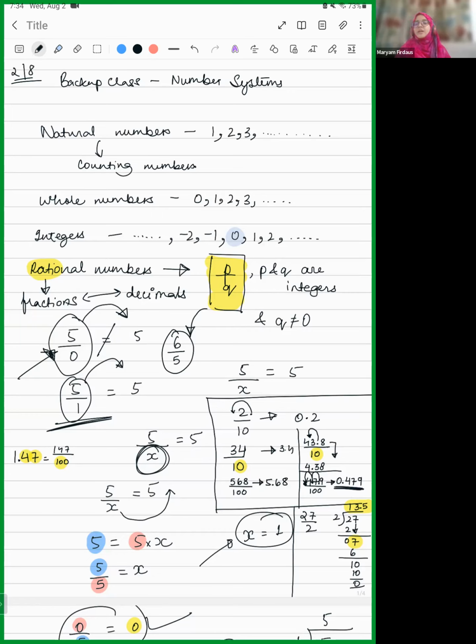They are not in form of p by q. See, what did I tell you? I said that if you say no, you don't have to explain yourself. You just have to give an example. Okay? So give an example of a rational number which is not a whole number. 3 by 5. Okay, good. So 3 by 5 is a rational number which is not a whole number.